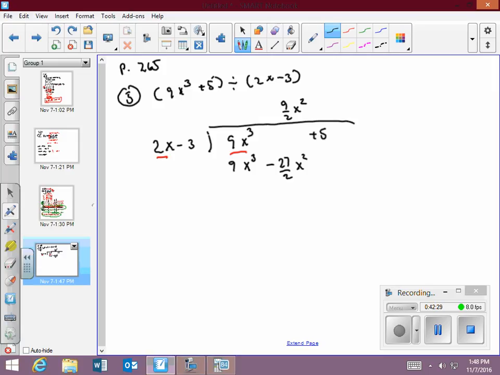Okay, does that make sense? Then I have to change the sign, minus, plus, and I have 27 halves x squared. I bring down my 5. Now what do I have to multiply this by to get this? I have to multiply it by 27x, don't I?